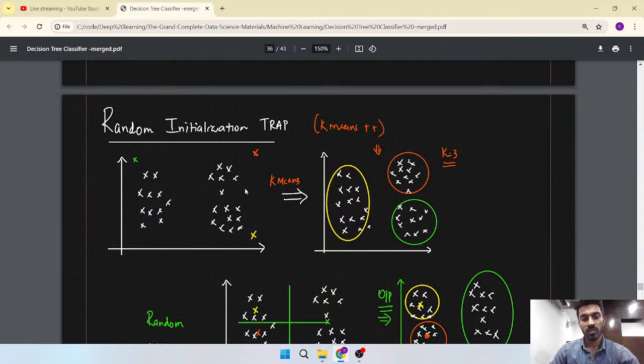Basically we have to initialize them as far as possible, so that they will not merge.